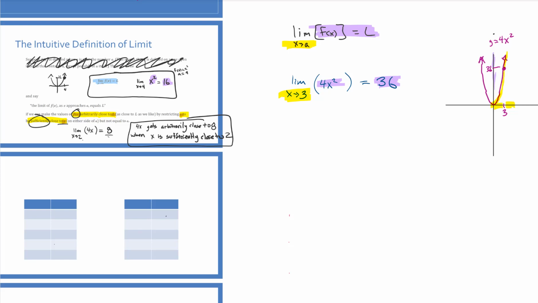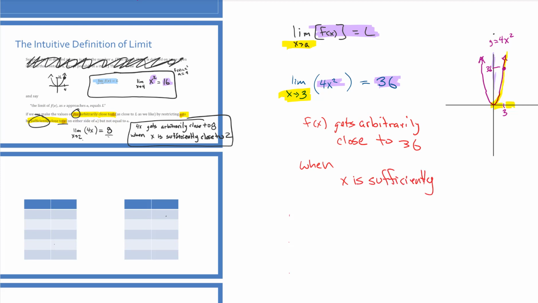Oh, we could quickly, before I get out of here, I lied. We could say that our function f of x gets arbitrarily close to 36, and f of x is actually 4x squared, when x is sufficiently close to 3.